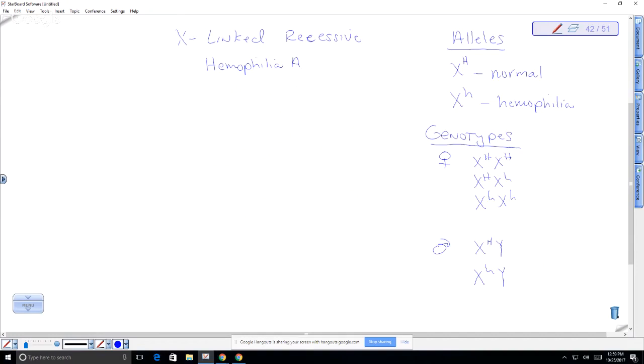And notice how he cannot be a carrier. So only females can be carriers for the defective gene in this case. Okay. So we can draw a pedigree, and just like we have done previously, we can solve the problem by working our way backwards.